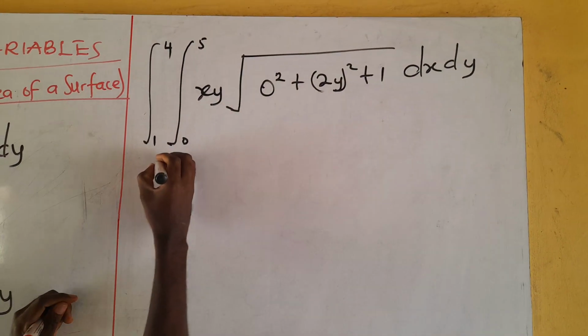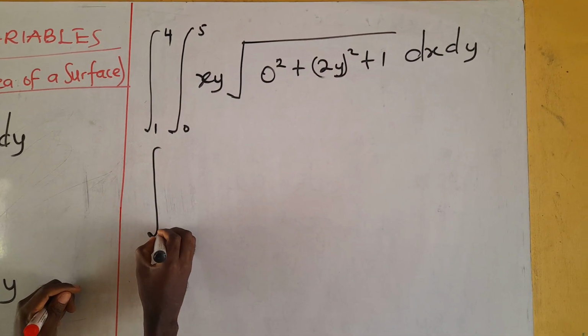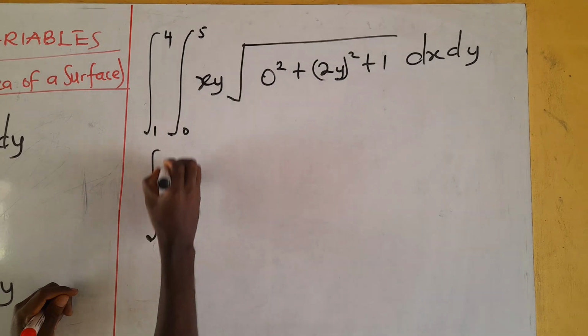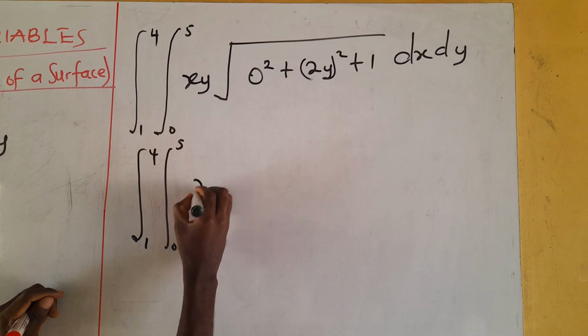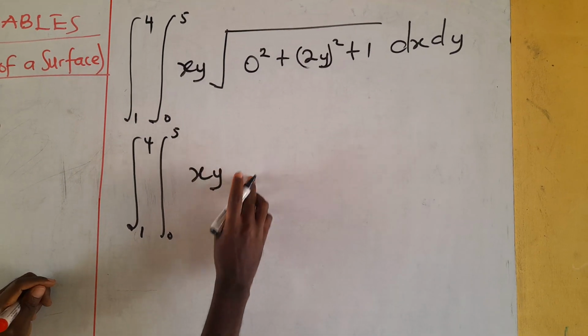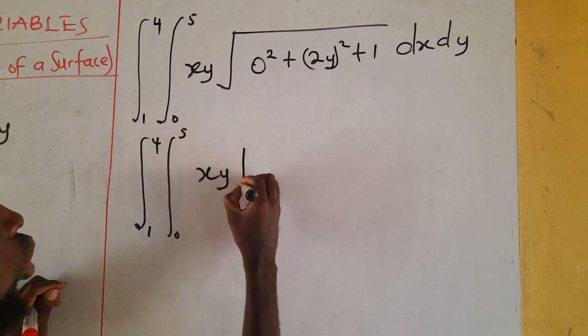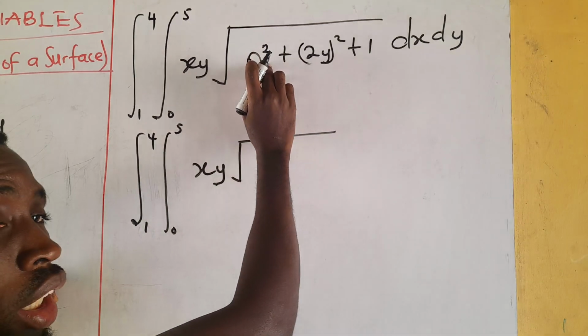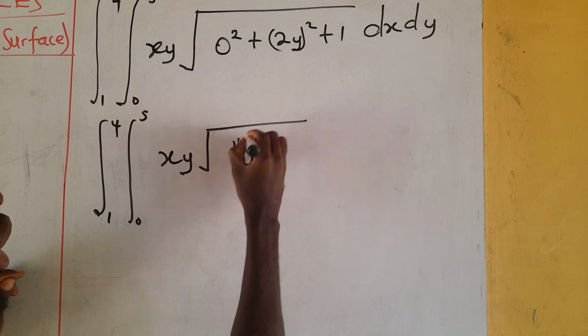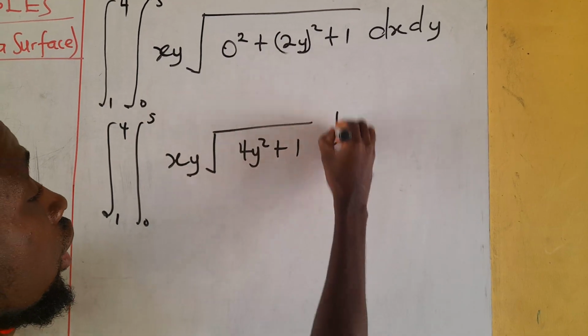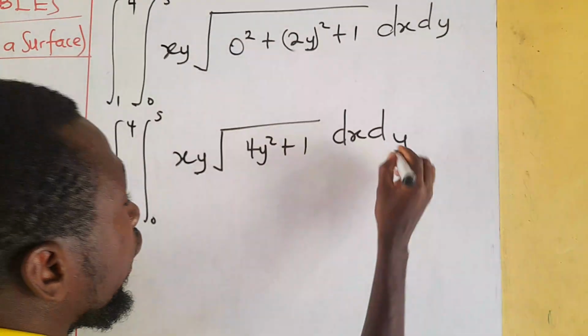So when we polish this very well, we have the integral from 1 to 4 and the integral from 0 to 5 of xy, then 0 squared is 0, then this will give me 4y squared plus 1 dx dy.